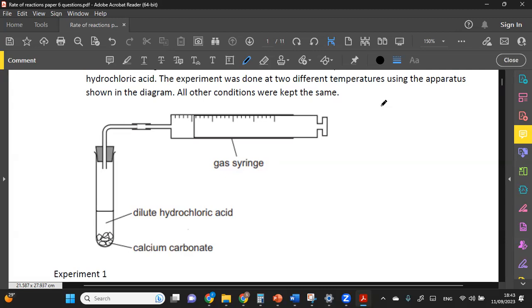Generally speaking, that will make my results more accurate. Repeat the experiment a few times, 3 times, 4 times, and then you just take out the average. That's a very good way of doing it.